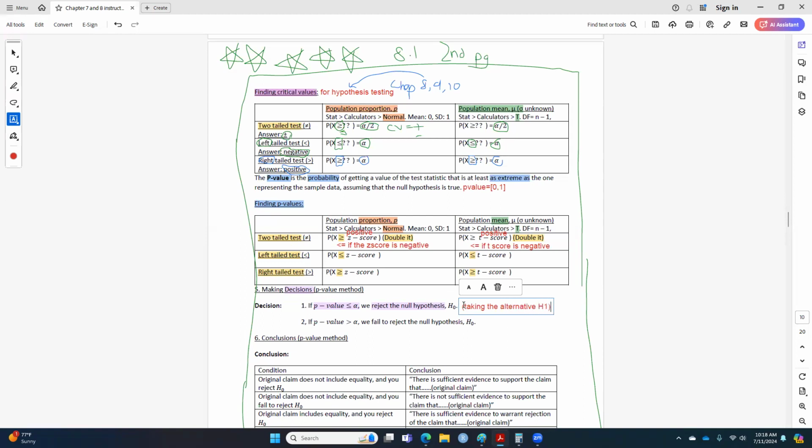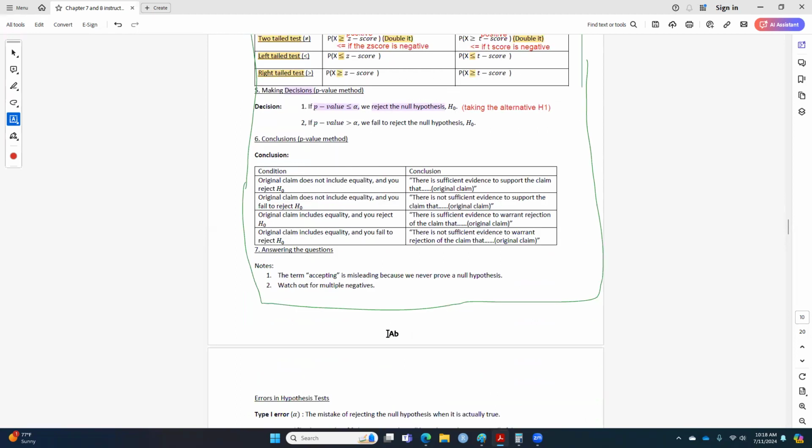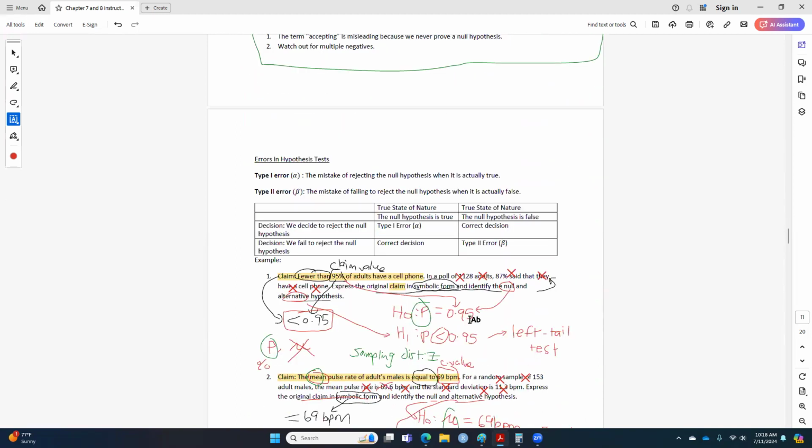When you find that your p-value is less than alpha, we will be rejecting the null hypothesis. So if you reject the H0, then we will definitely have to take the H1.